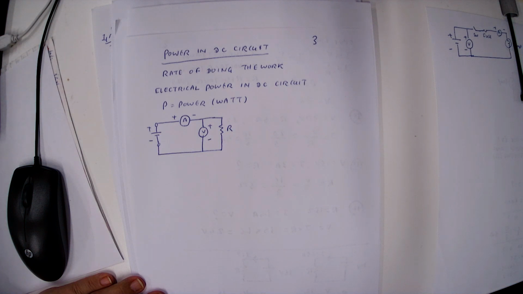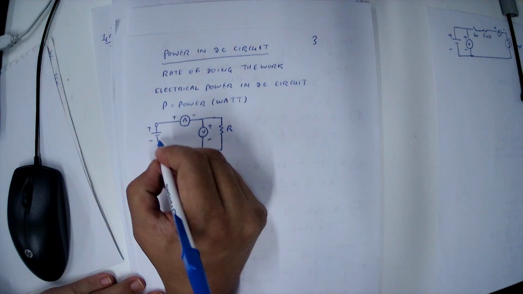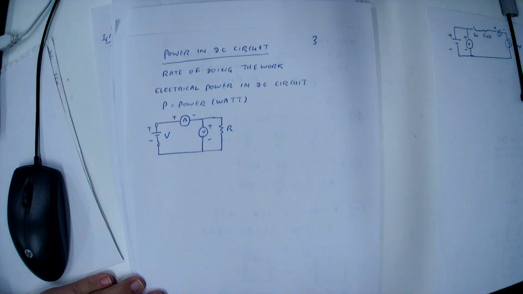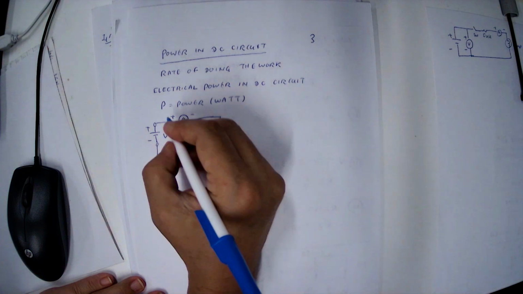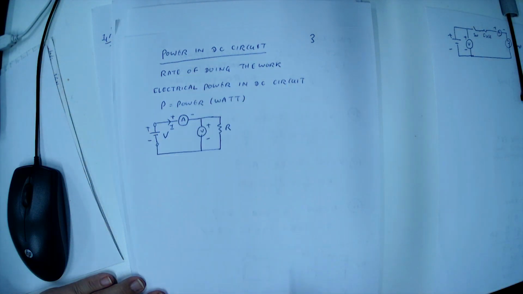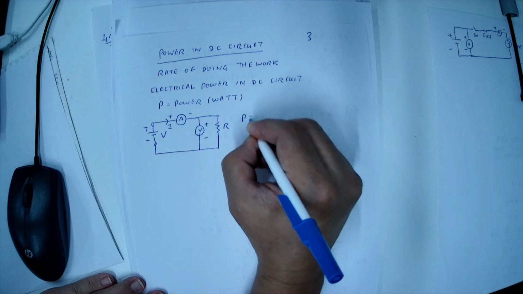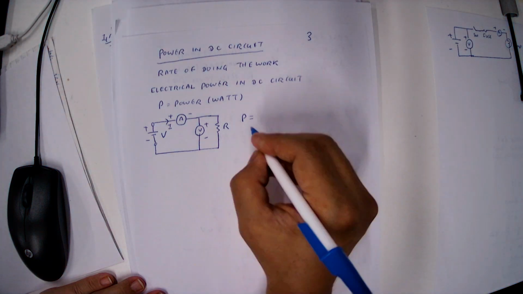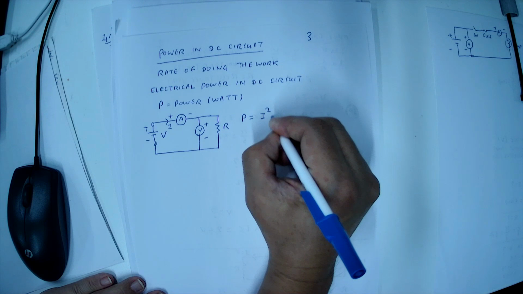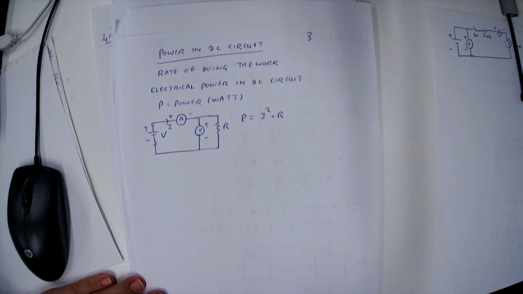So when you connect the resistance to the supply voltage, the electrical current I will be flowing. Power P is current square multiply resistance. If you know the current and the resistance, we can calculate the power.